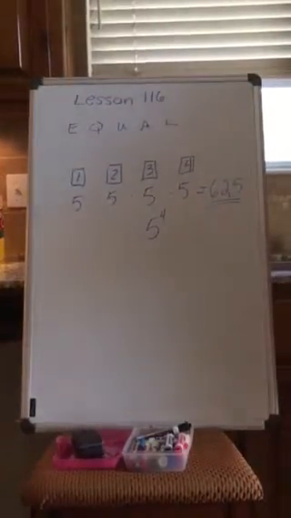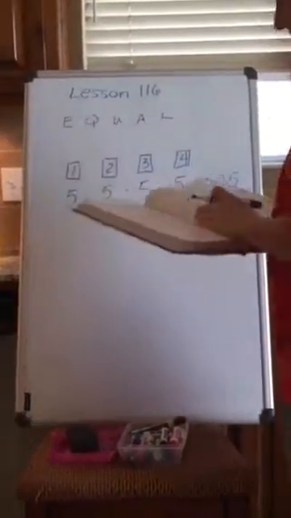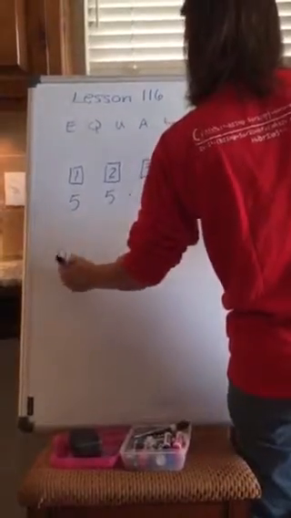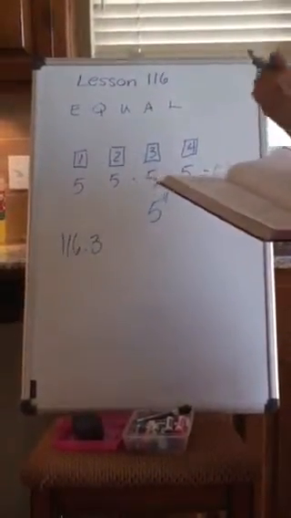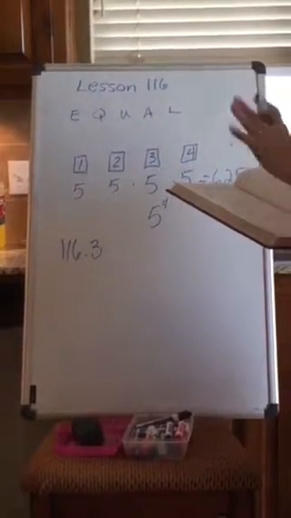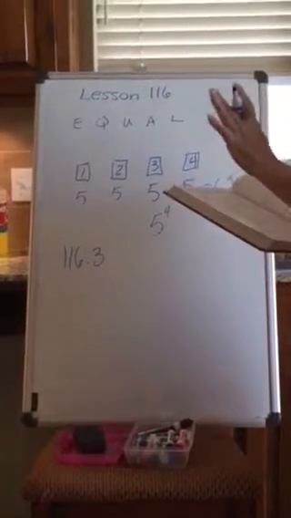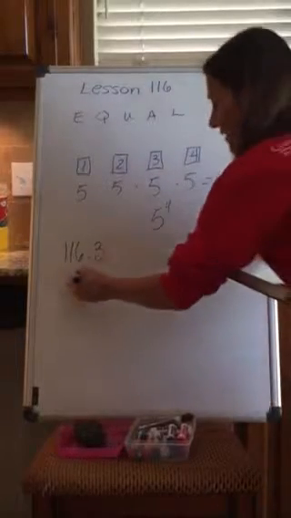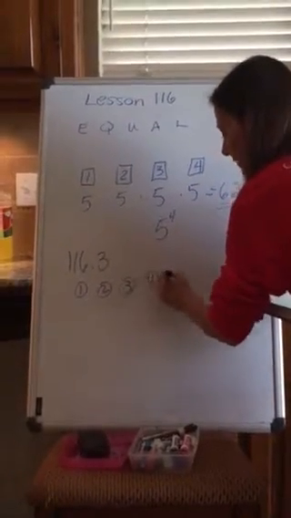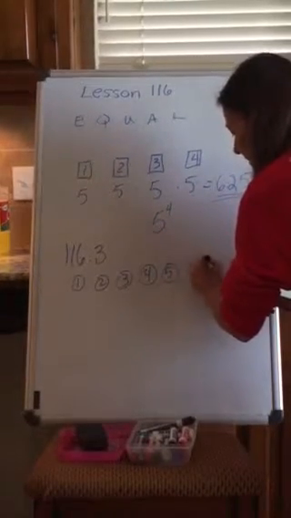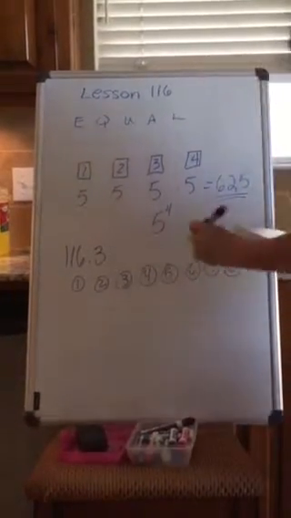Let's look at 116.3. 116.3 says, a multiple choice quiz has 8 questions, and there are 4 possible answers to each question. So we have 8 questions, 1, 2, 3, 4, 5, 6, 7, 8.